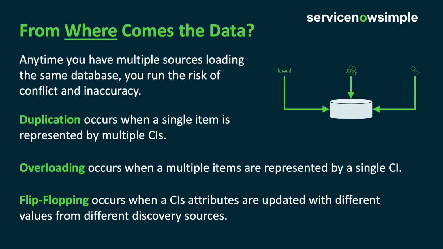It's also possible that some CI gets updated mistakenly with attributes that should be represented through a separate item. They call that overloading. And if multiple discovery sources identify the same item but with different attribute values, the values will be updated repeatedly, flip-flopping, and left by whichever source runs last.